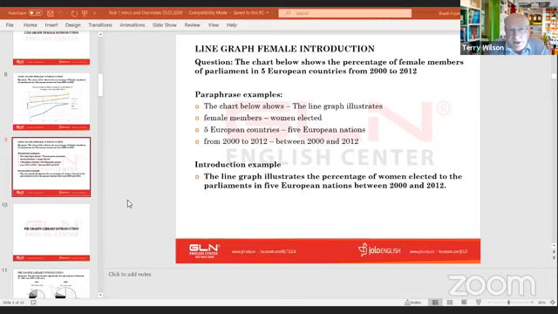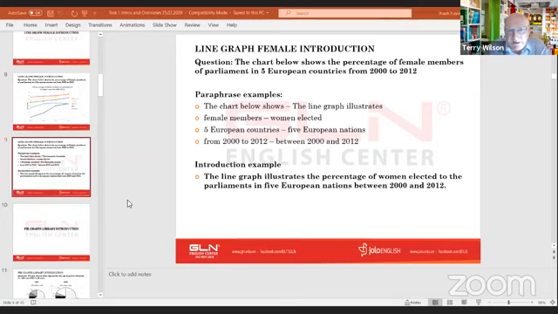Female members, we can change to women elected. You could also change female members to members who are female. 5 European countries, let's change it to 5 European nations. And again, focus on the date range. So the question says from 2000 to 2012. And simply change it to between 2000 and 2012.